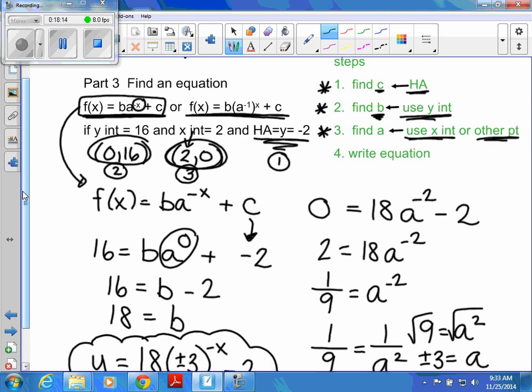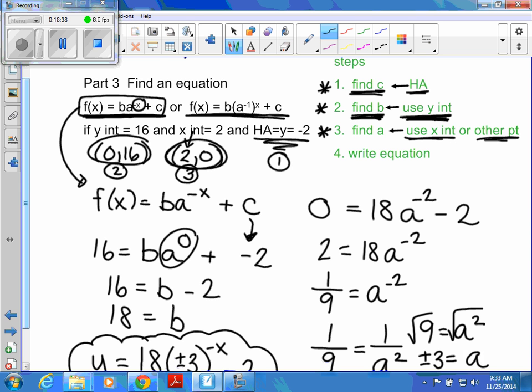The first thing you're going to do is find the C. How do you find the C? Your HA will always be given. You should be able to easily figure out what your HA is, your horizontal asymptote. After you find your C, the next letter you're going to find is your B. How do you find your B? You're going to use the y-intercept. They're always going to give you a y-intercept.